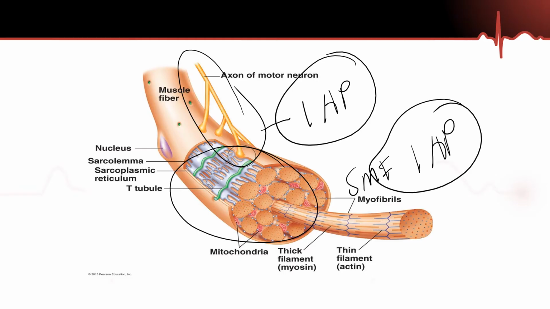And that one action potential will result in something that we call a twitch. The skeletal muscle fiber will generate a twitch. Now, what is a twitch? A twitch is a very short-lived and submaximal contraction.